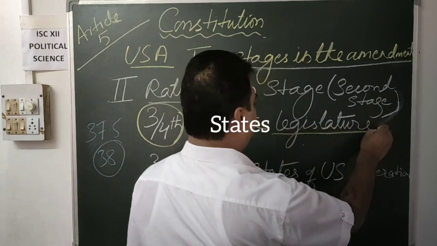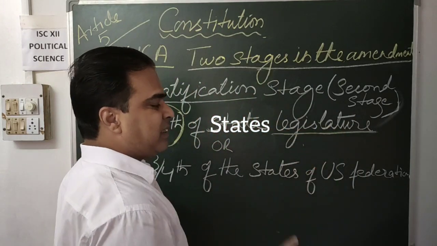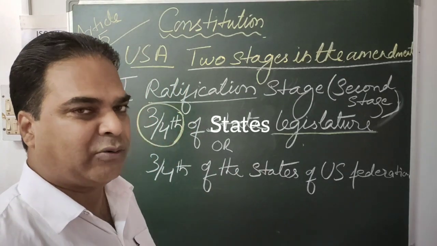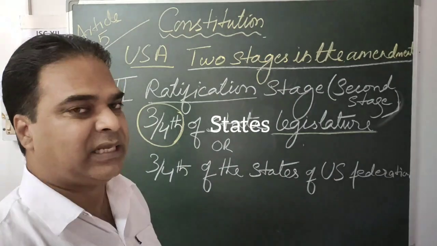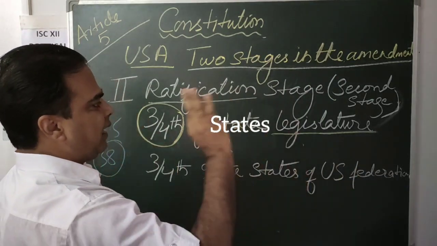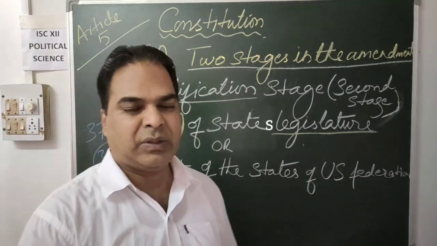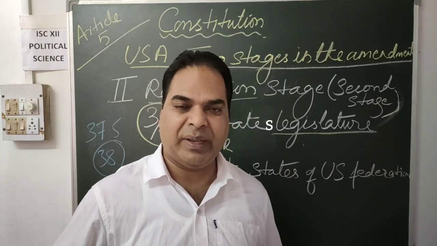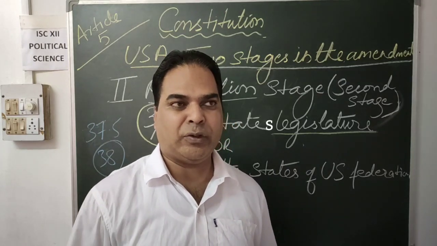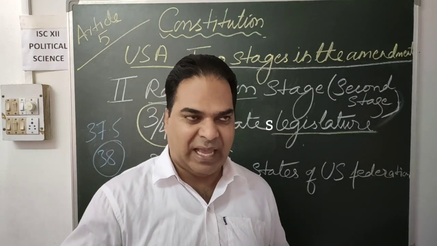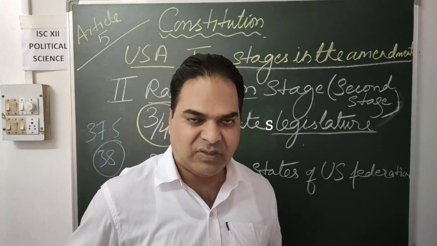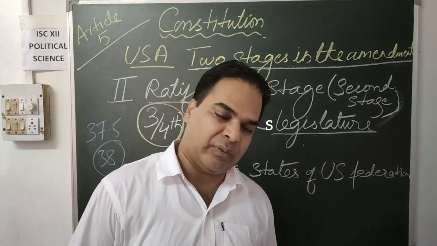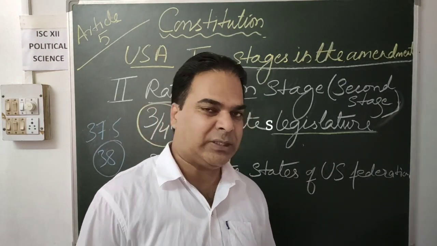If 38 state legislatures out of 50 agree, then the amendment process will be clear and ratification becomes successful. So if 3/4 of the state legislatures give their consent or approve, then that will be accepted by the US Congress.